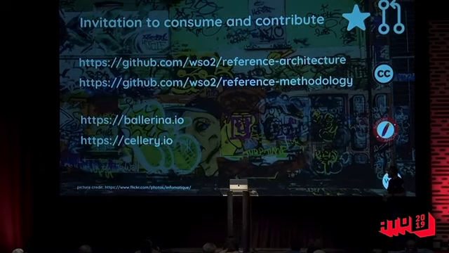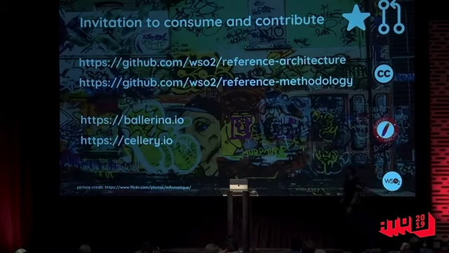If you think there are any modifications or new suggestions, you can send a PR. We welcome PRs, and if you like the concept, you can give a Git star as well. The other two projects are the same: you can contribute as well as consume them, because Apache 2.0 is a very business-friendly license.